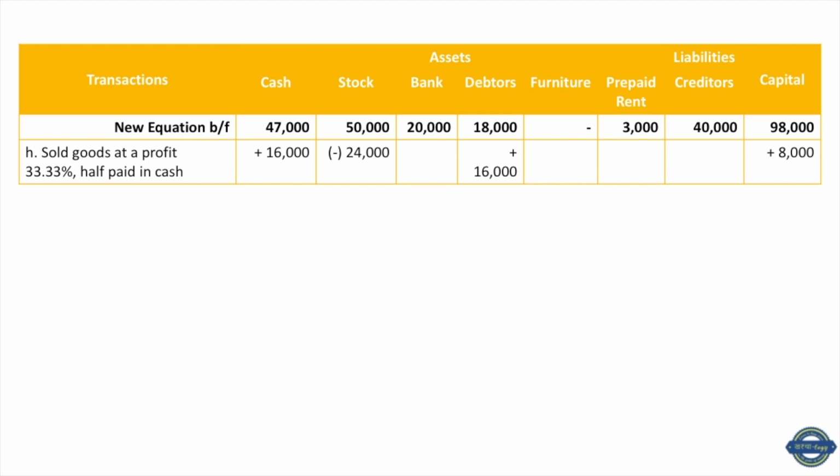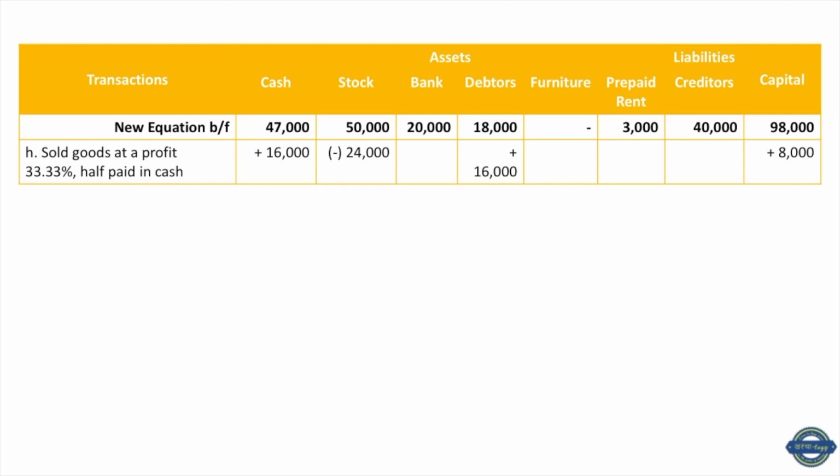Then he sold goods at a profit of 33%, half paid in cash. The goods were of rupees 24,000. The cost was rupees 24,000, so we are going to deduct this amount from stock. 33% was profit. So 33% of 24,000 is 8,000.